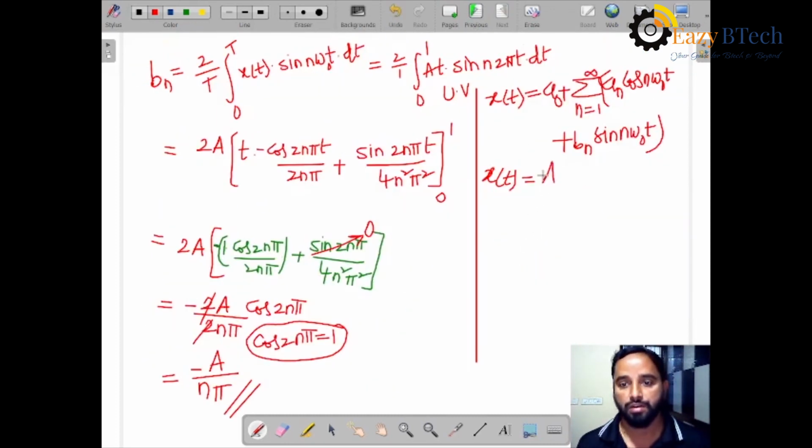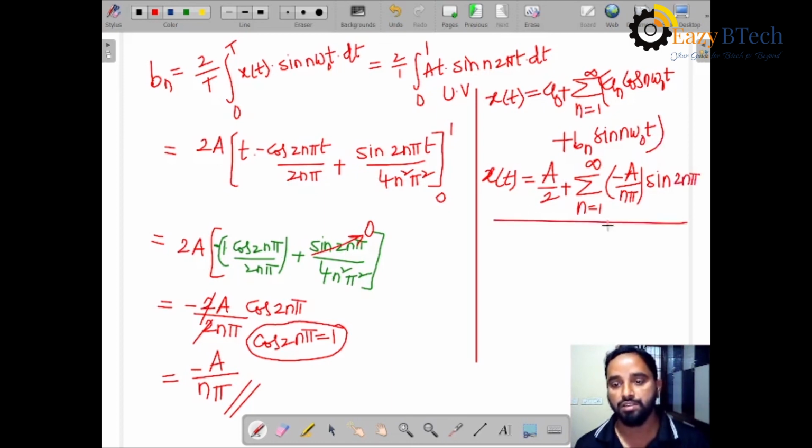So write that, a by 2, plus a_n is 0, so no need to write this 0 into cos n omega naught t. b_n, we have summation 1 to infinity, b_n is minus a by n pi, so minus a by n pi sine n omega naught t. Omega naught is 2 pi, so sine 2n pi t. So this is the result we have.